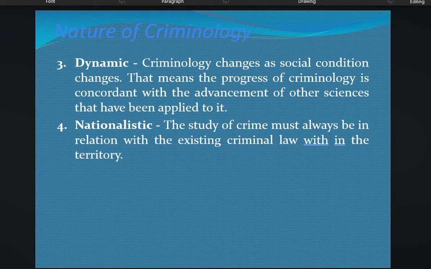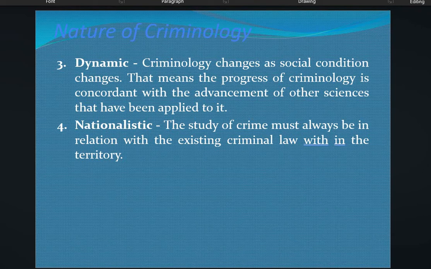So number 4, nationalistic. The study of crime must always be in relation with the existing criminal law within the territory. So take note, iba ang batas natin sa Pilipinas, iba rin yung batas sa ibang bansa. Hindi po tayo magkakapareho. So baka isipin natin na, okay, a best example is yung marijuana or di kaya yung mga illegal substance. Sa ibang bansa, it is normalized, okay?